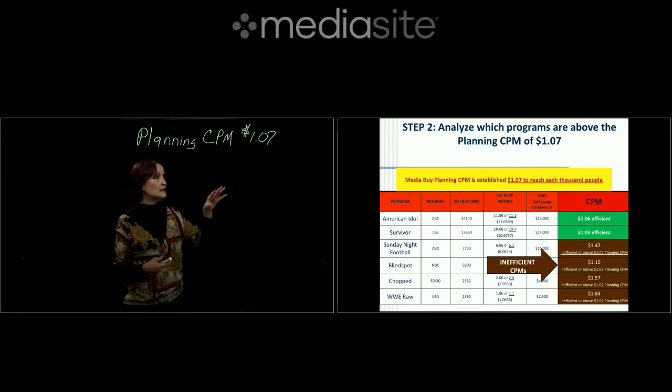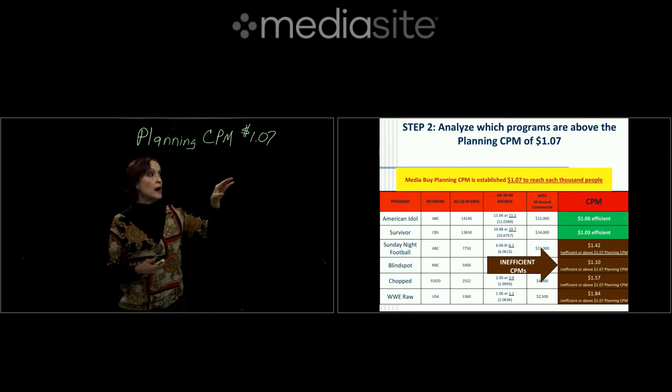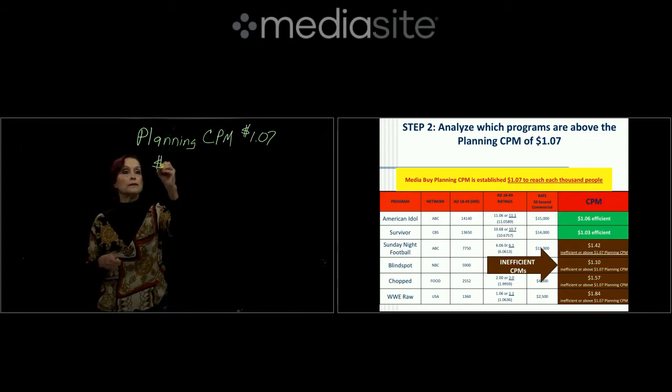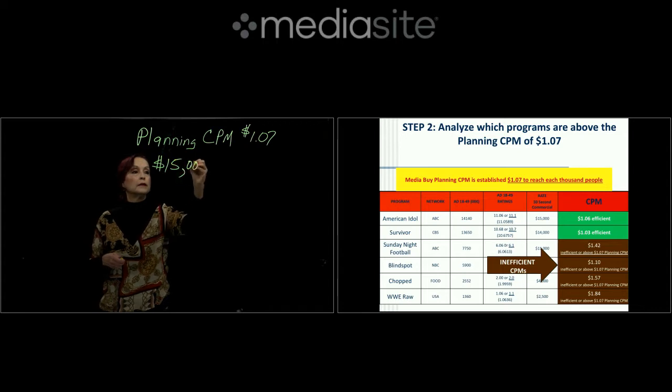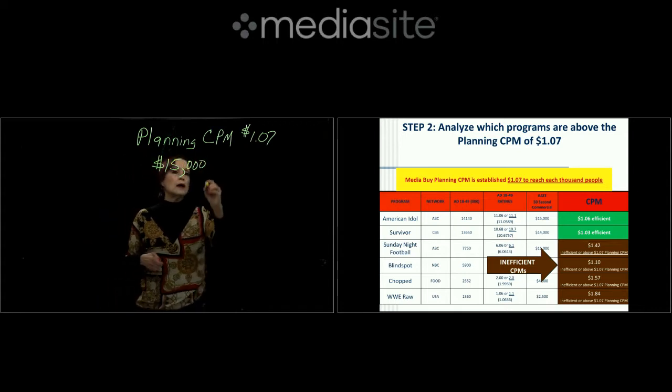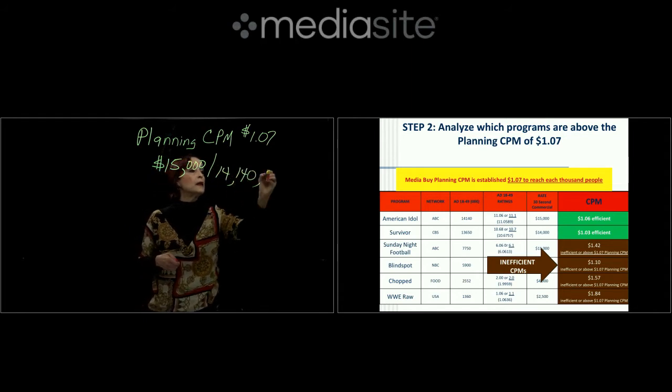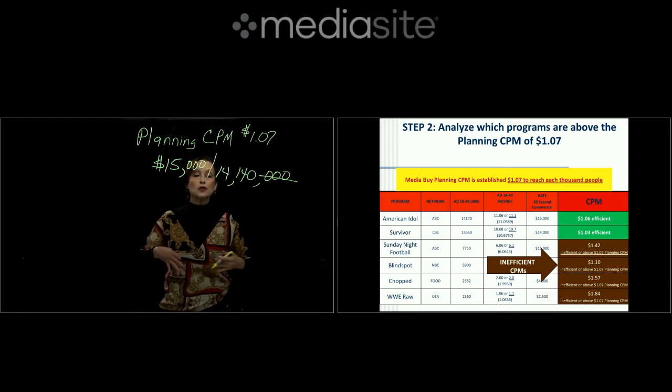So from this chart, you see that anything in green, like for example, American Idol and Survivor, when you divide the 15,000, right, divided by, this were the impression delivery, 14,140,000, but if you divide this by 1,000, then it becomes 14,140 because there's 14,140 thousands in 14,140,000.